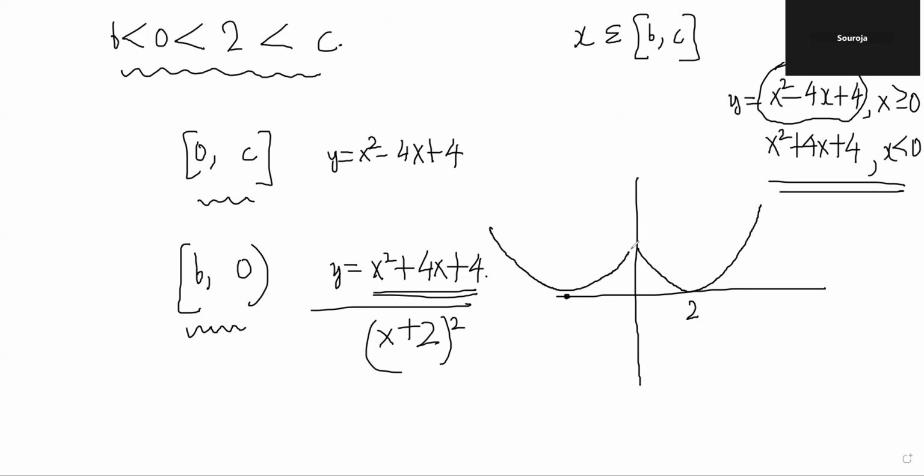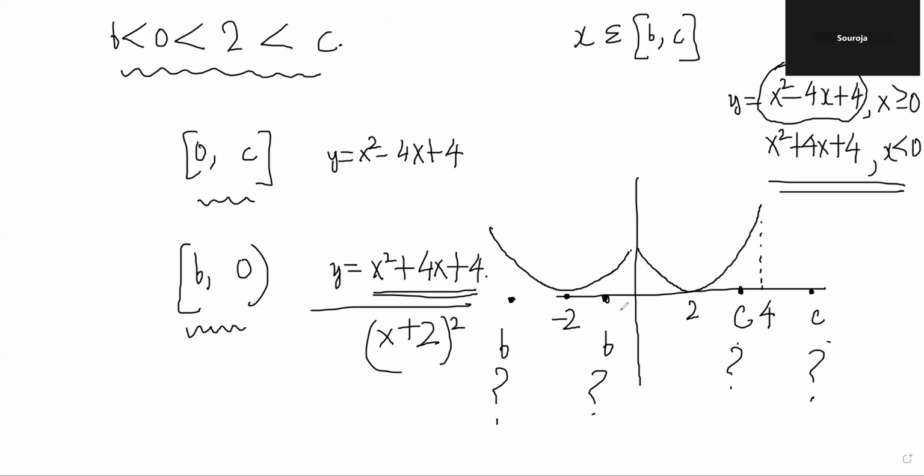This graph is like this, where this is the minus 2 vertex, and b can be somewhere here, or b could be somewhere here. Depends. We don't know where b is. Similarly, c could be somewhere here behind 4, or c could be somewhere here ahead of 4.